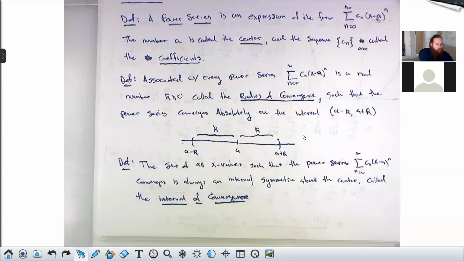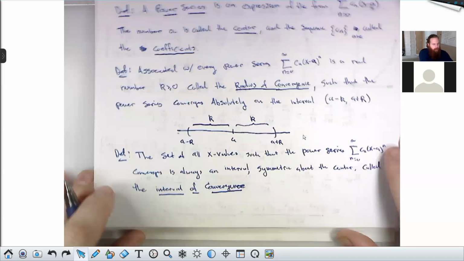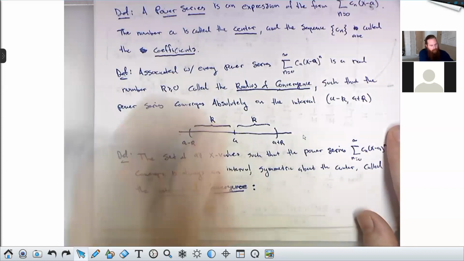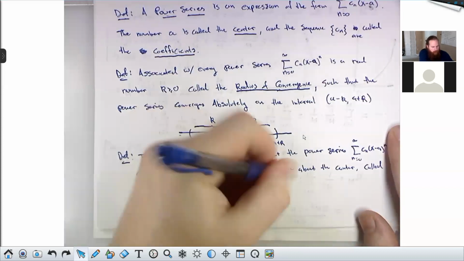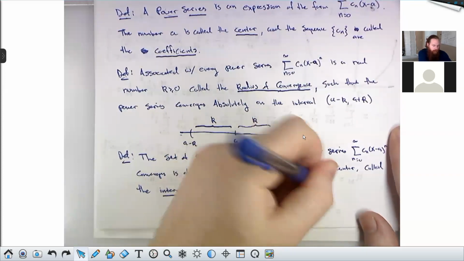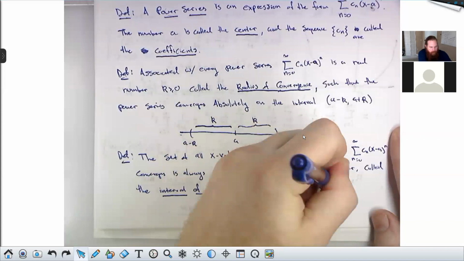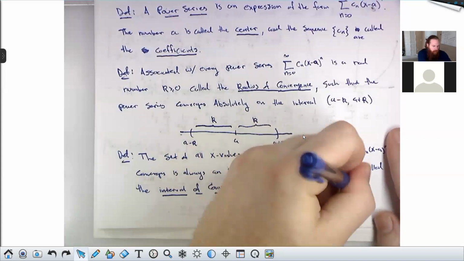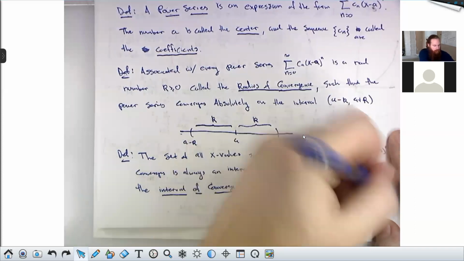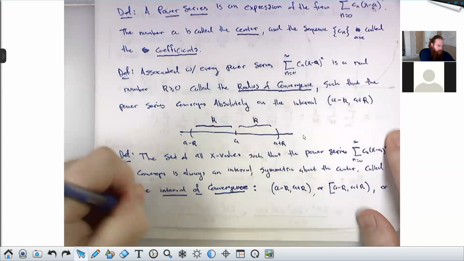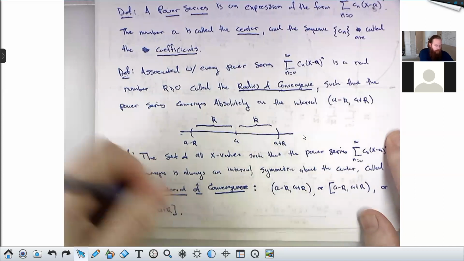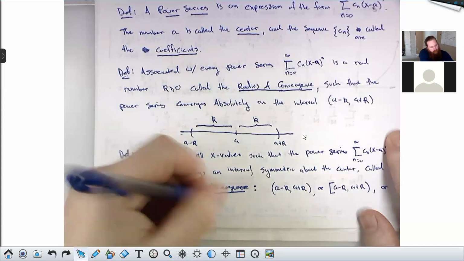And then the interval of convergence, because it is always symmetric about the center, is always one of the following. It's either the open interval from a minus r to a plus r, or left closed, a minus r to a plus r, right open, or left open, a minus r to a plus r, or closed on both sides.